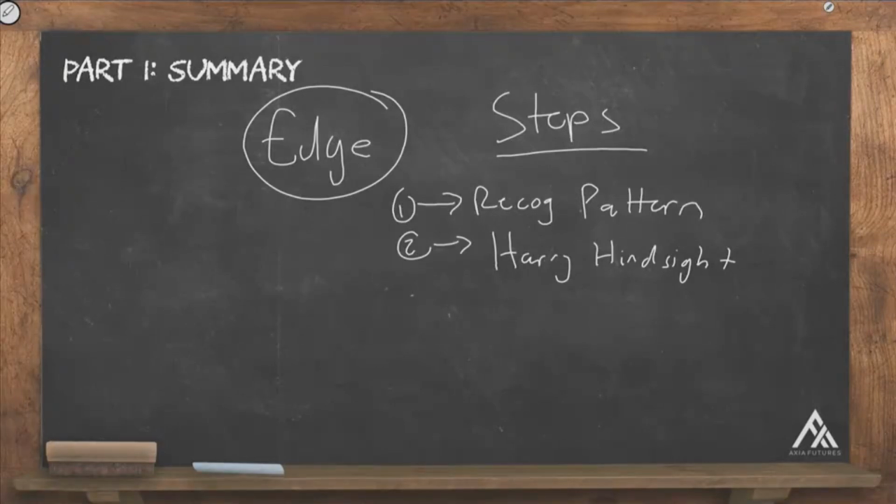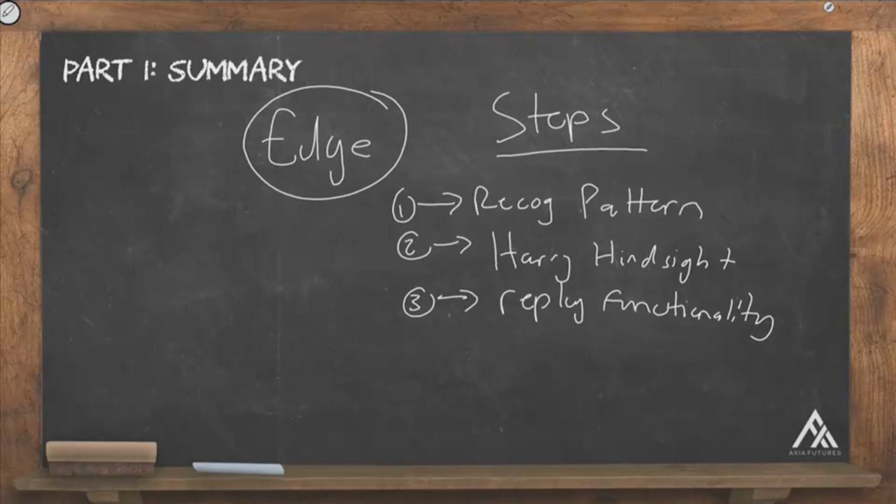Once you've done that, you also want to go and do what we like to call a replay functionality. And all that is you try and find some form of recordings of how that pattern played out, so that you can define all the key characteristics of that pattern. You can make as many observations about that pattern.